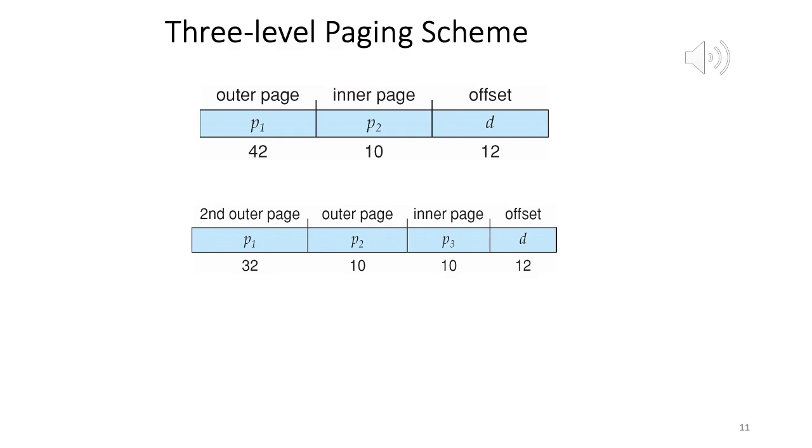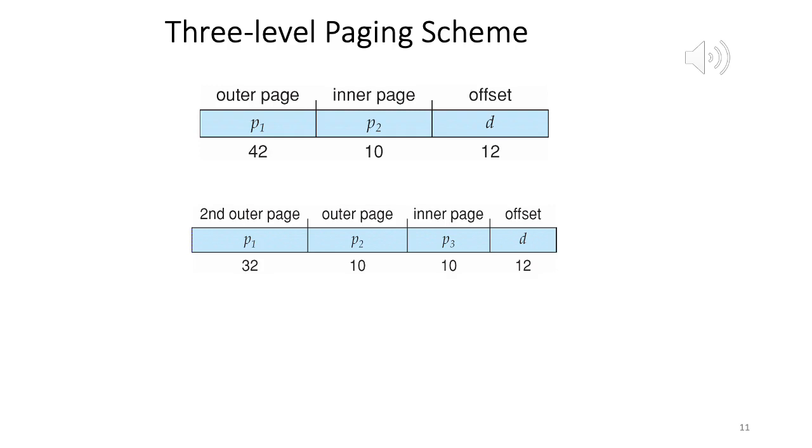So we page the outer page table also. Now our address would look like this: offset 12, inner page 10, outer page 10, second outer page 32. So we have paged the outer page as well, and we have another entry, second outer page.